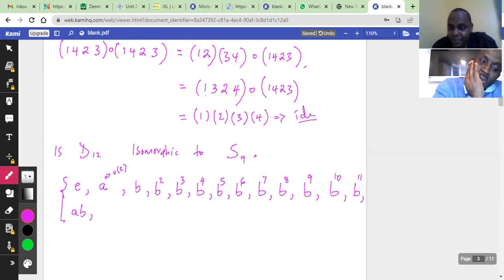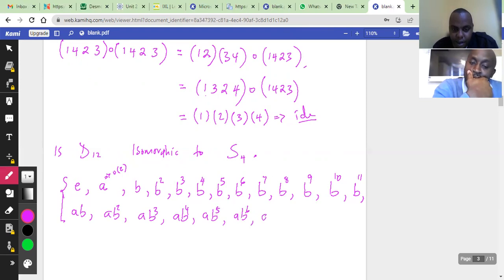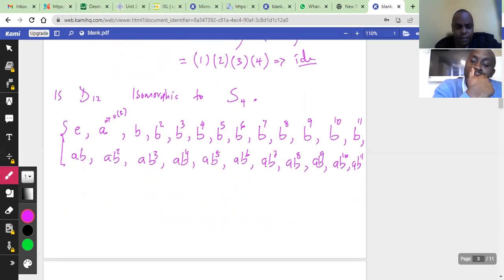A reflection and a rotation, and so on, for each rotation.